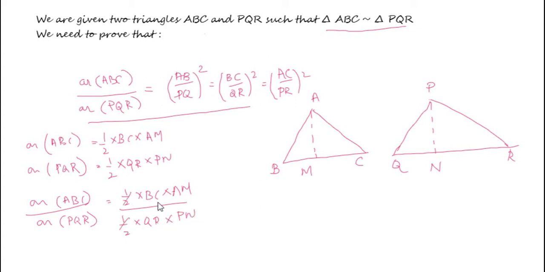Half gets cancelled, so what is remaining is BC into AM divided by QR into PN. Let us take this as equation 1.